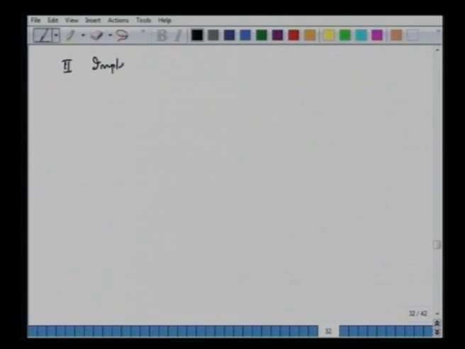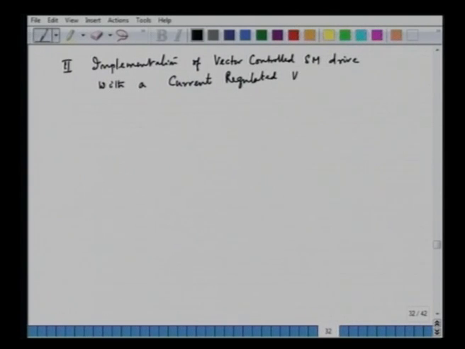So, we will see the implementation of vector controlled synchronous motor drive with a current regulated voltage source inverter.